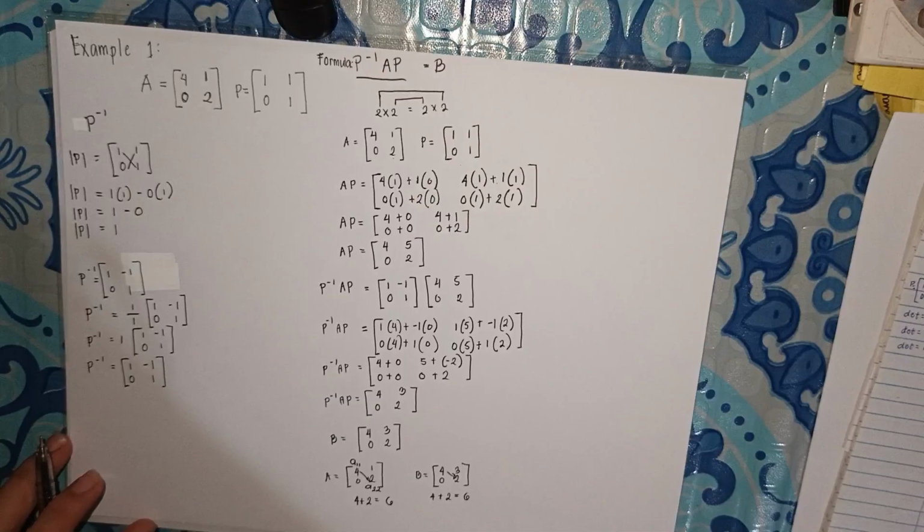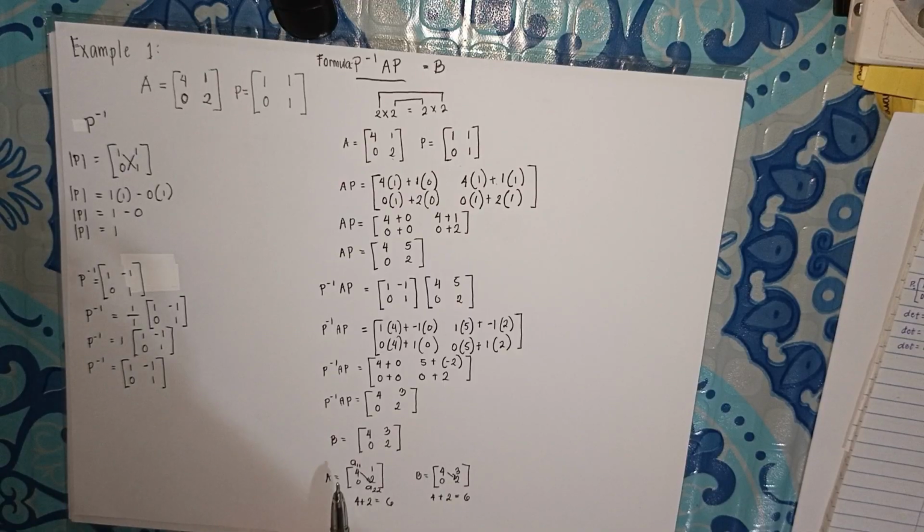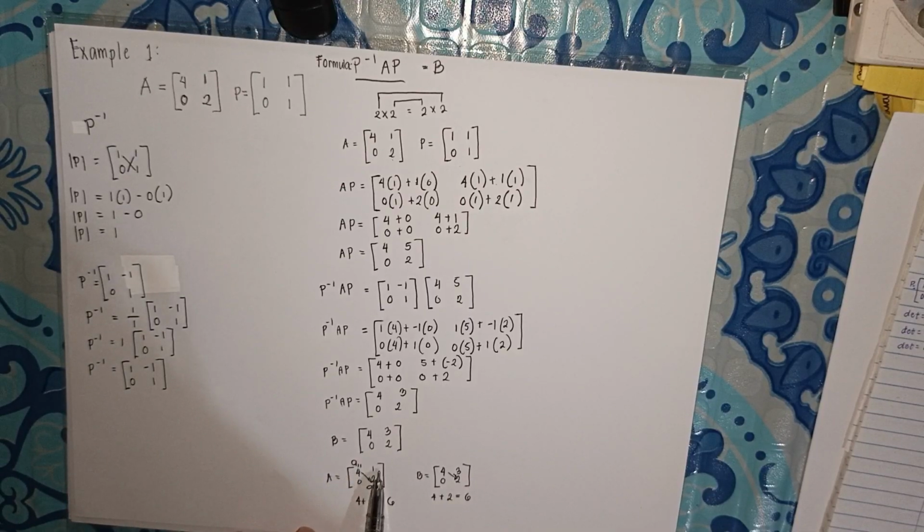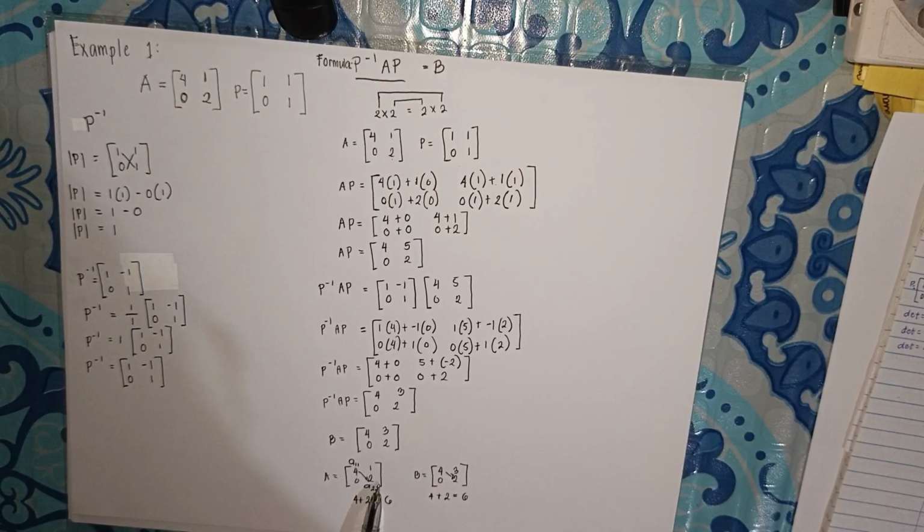Then the rank is the number of linearly independent rows or columns. So matrix A and matrix B have the same rank, which is 2, because if we base the second row on the first row, the second row is linearly independent.